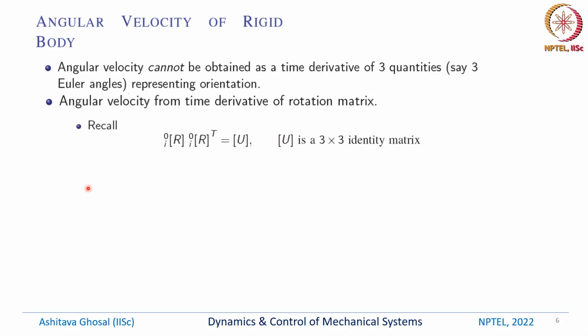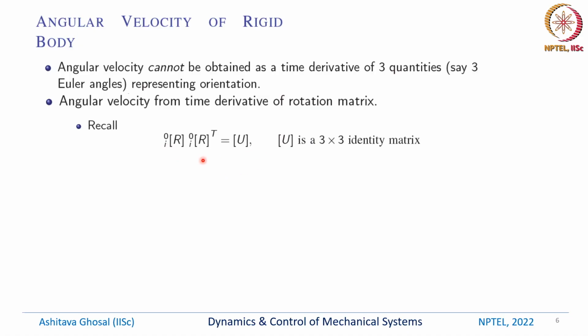Let's recall, if you have a rotation matrix 0 I R, and I post-multiply this rotation matrix by the transpose of that same matrix, we get the identity matrix. This is the same as saying that the inverse is the same as the transpose. If you have A into A inverse, for two matrices, we get identity.